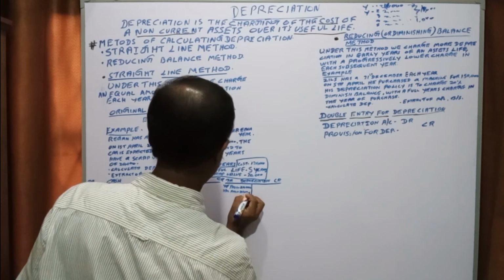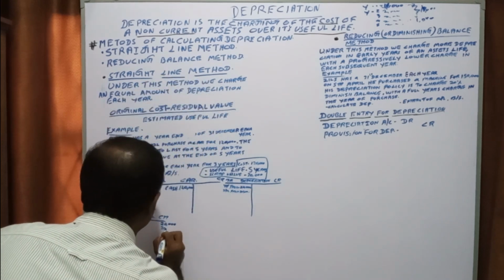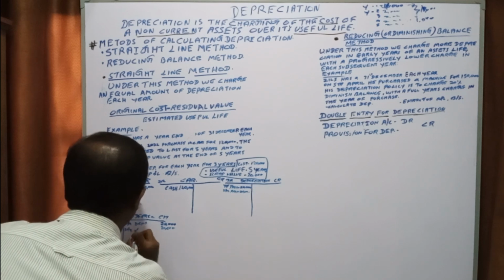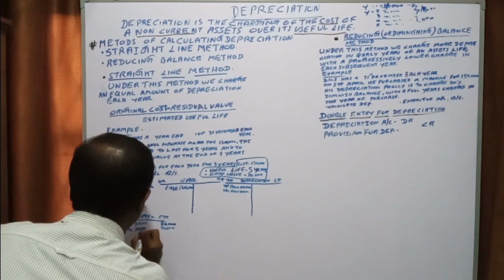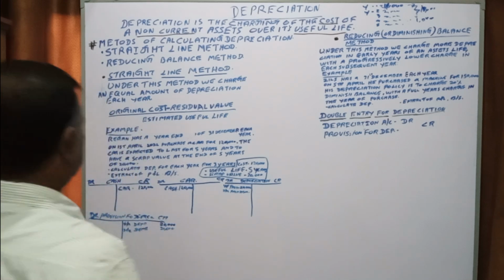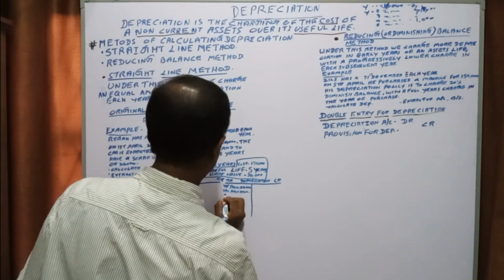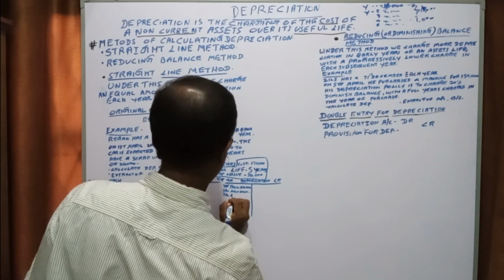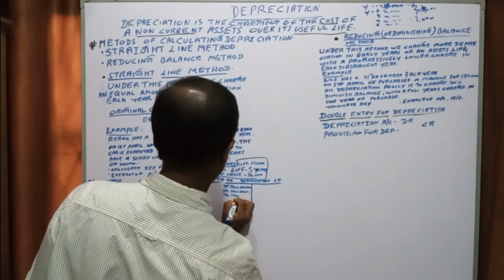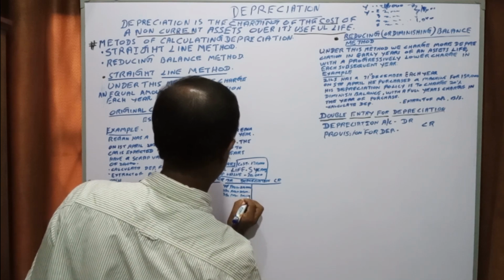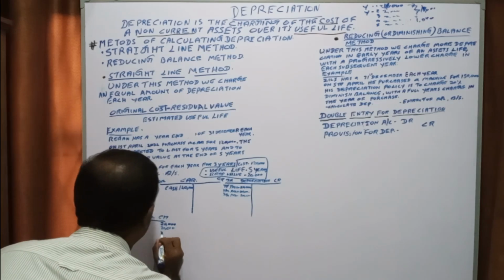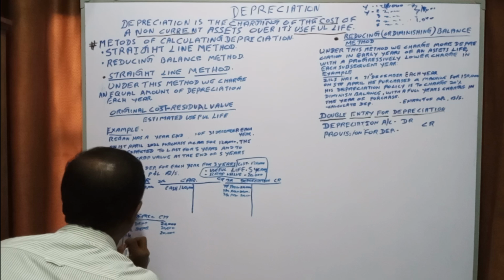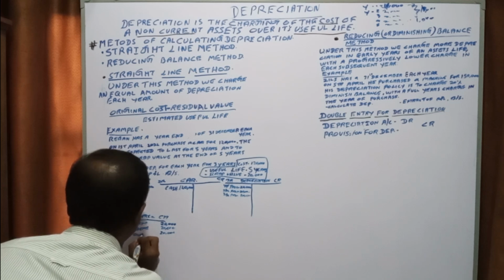Depreciation 20,000, provision for depreciation 20,000. Third year also 20,000 depreciation. Okay.